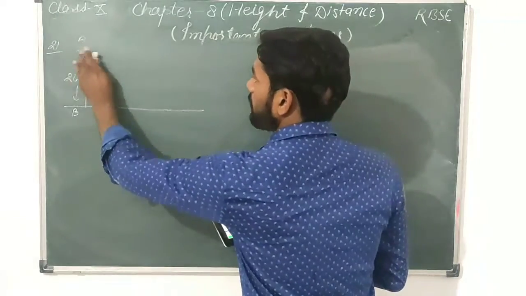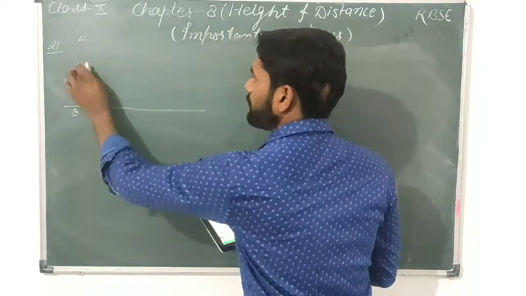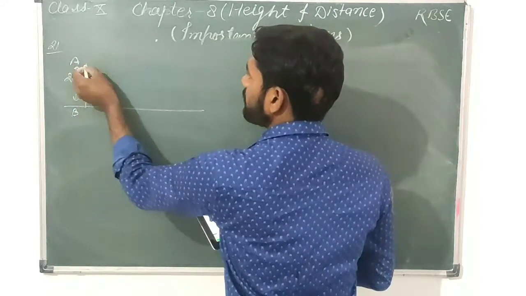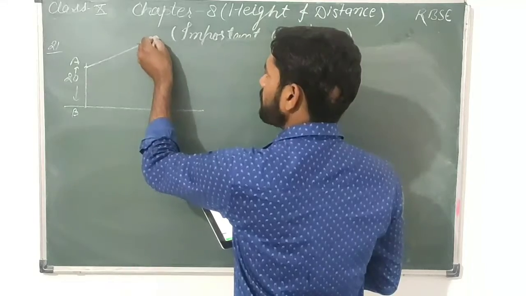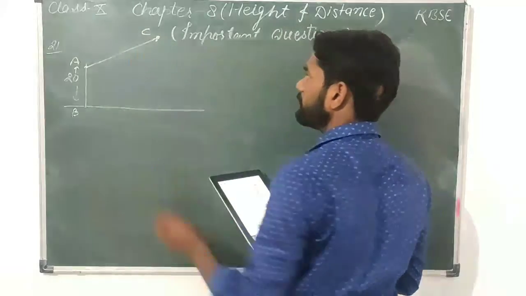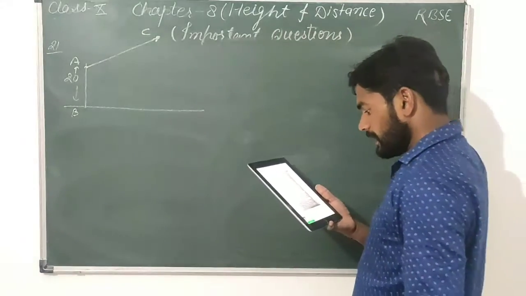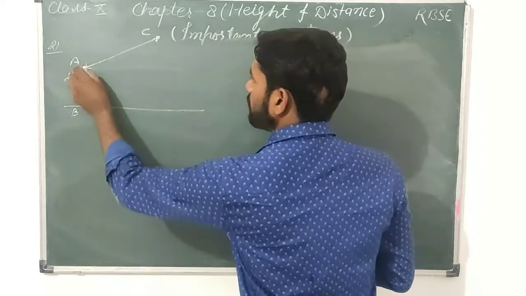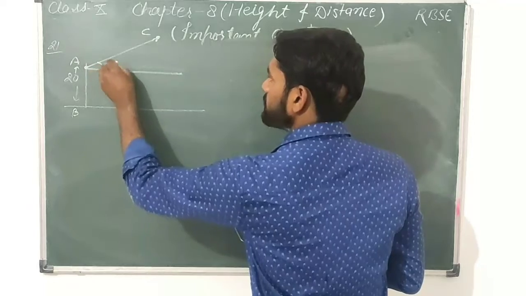Let's take the point here, and the cloud, let's take this point C. This angle of elevation is found to be 30 degree.